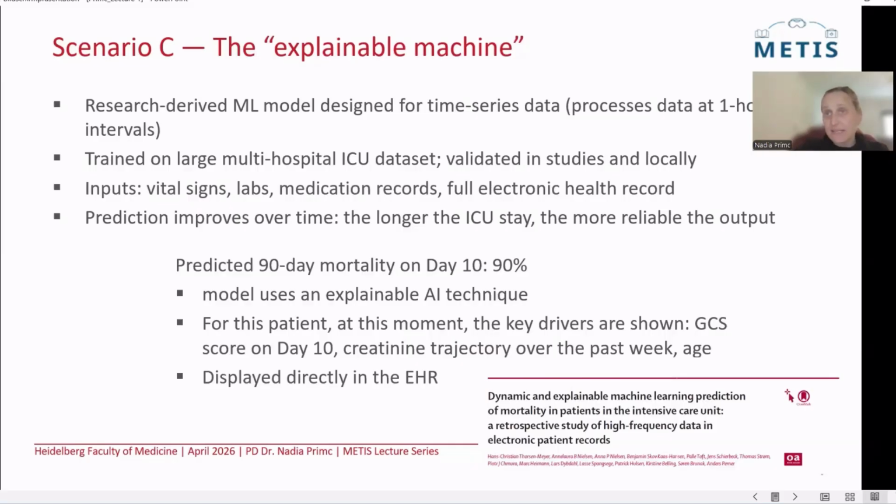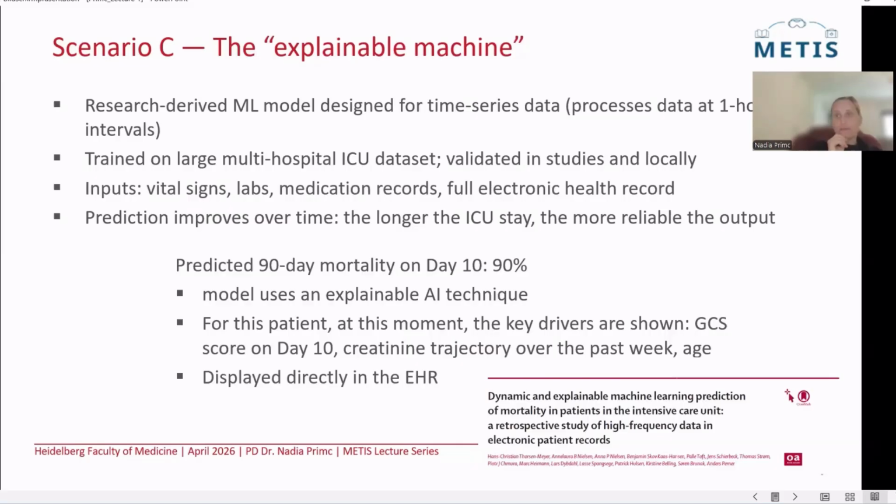And after 10 days, where our patient is now, the accuracy is known to be very good in general. And after those 10 days, this system outputs a predicted 90-day mortality of 90%, the same number as in scenario B. What is different is that, as I mentioned briefly at the beginning, this model also uses an explainability technique.